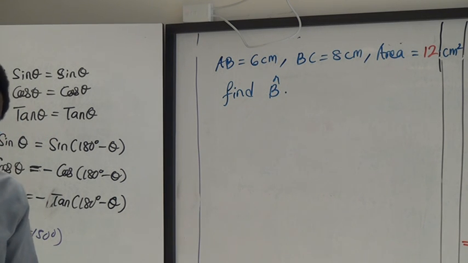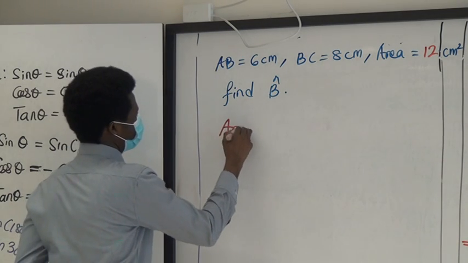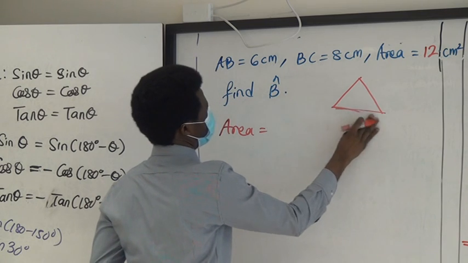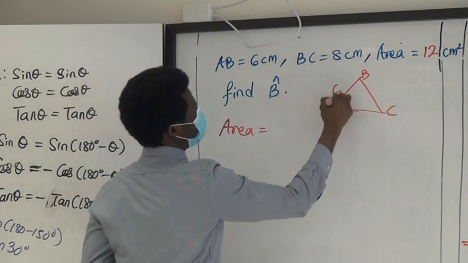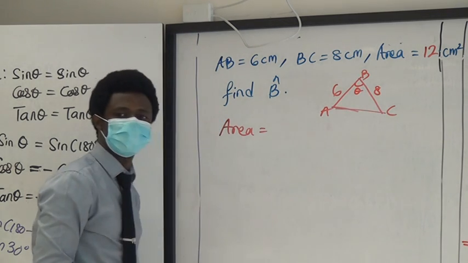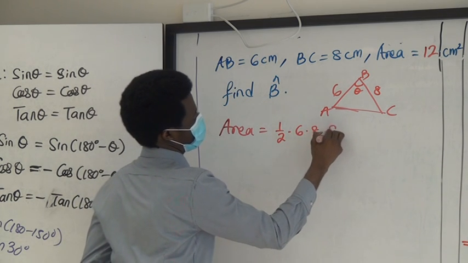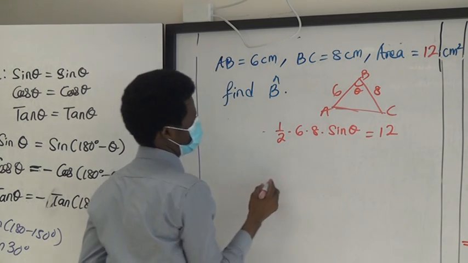All right, listen. You got 30, right? So I believe this is what you did. Area. If we have a sketch, we don't know if this is the sketch, we just decide to draw something. It could be nonsense, nobody cares. 6, 8, and this is the angle theta, for example. So the area is half times 6 times 8 sine theta, and this area happens to be 12.